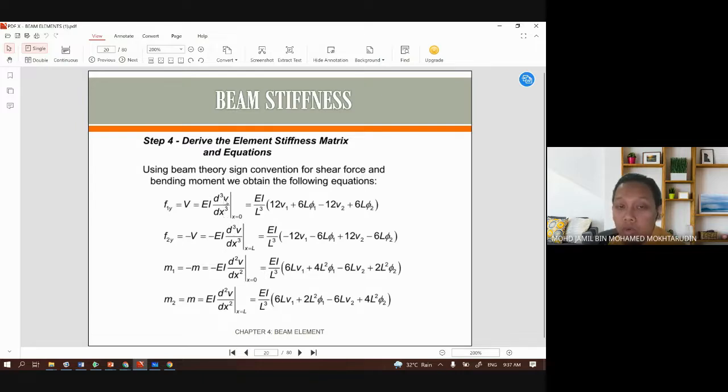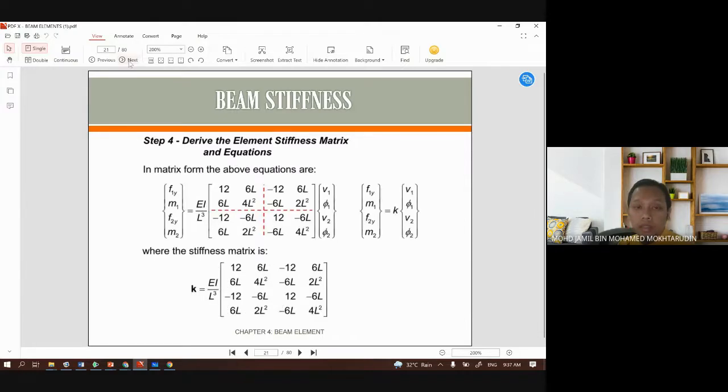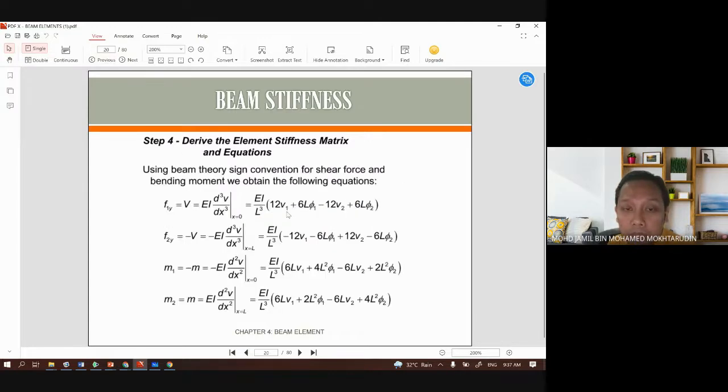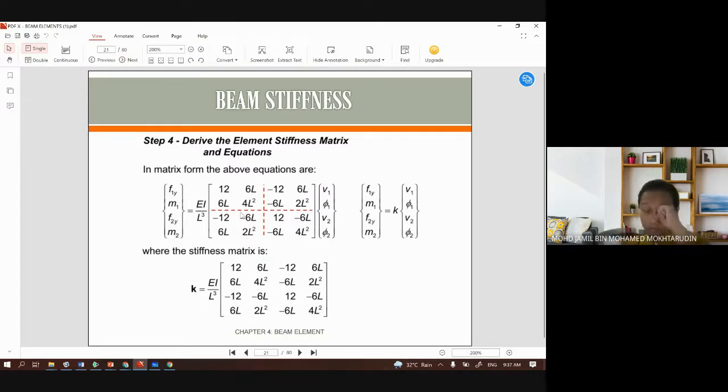We got our V and we just differentiate the V. So we get this for forces and also moment. And then we can substitute this into the well-known matrix form, F equals K times D. Or we can simply form this in equation and arrange them in matrix. So we got this matrix here.